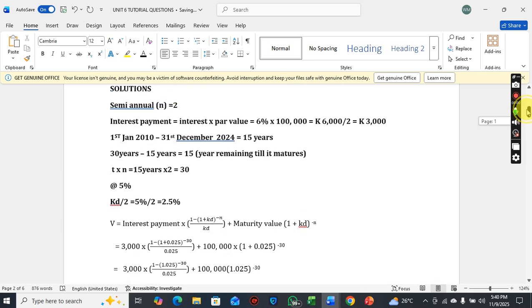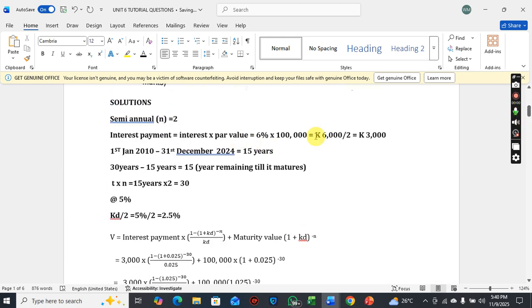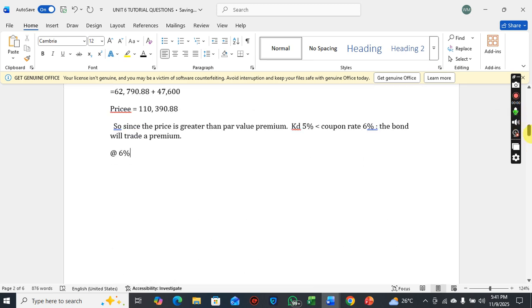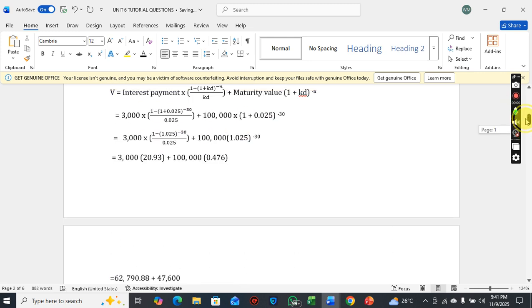Alright, so at 6%, still 3,000 interest payment, still 30 years time period. So KD divided by 2 gives you 6% divided by 2, it's 3%. Okay, then we just get our formula here.